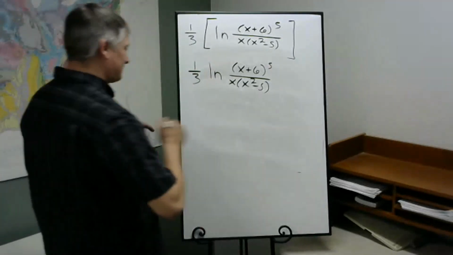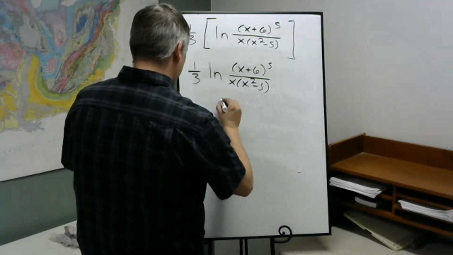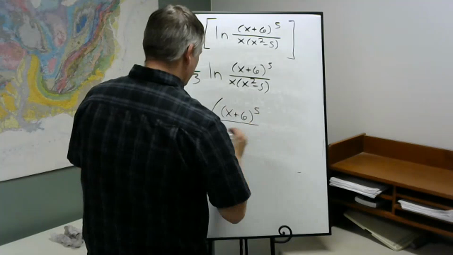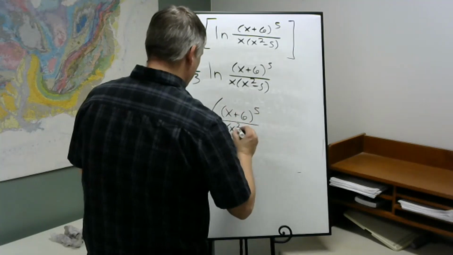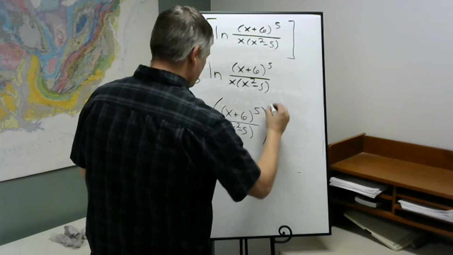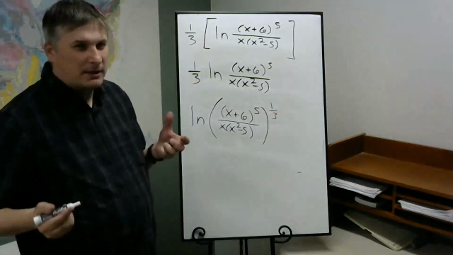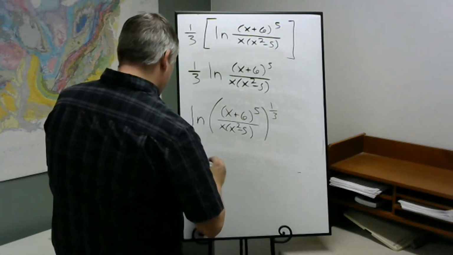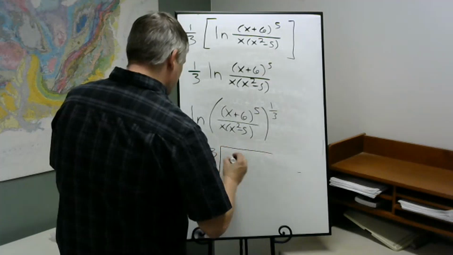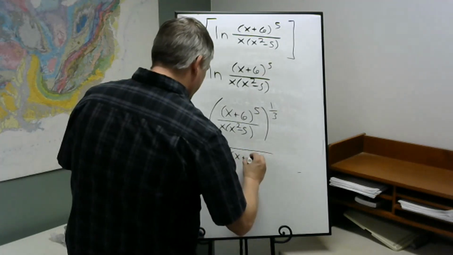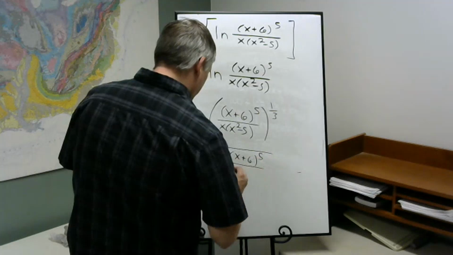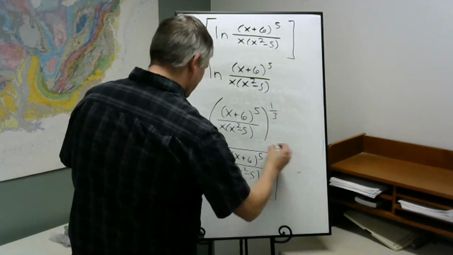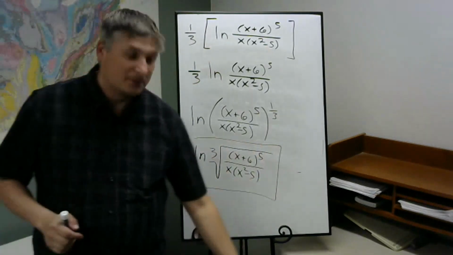So this means, and an exponent of 1/3 is a cube root. So what we have is the natural log of the cube root of x plus 6 to the 5th over x squared minus 5. And so that's going to be our answer.